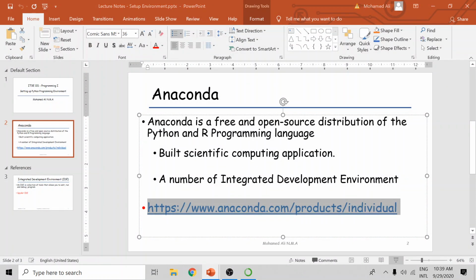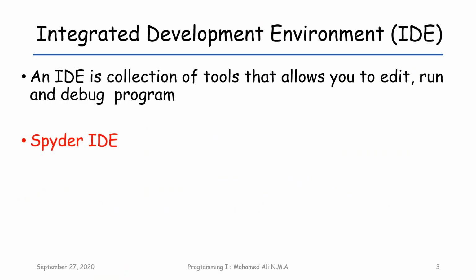Now I will tell you what Spyder is. Spyder is an IDE, integrated development environment. It is a set of tools. This IDE is used to edit, which means typing the program, to run the program to see the outputs, and to debug the program.